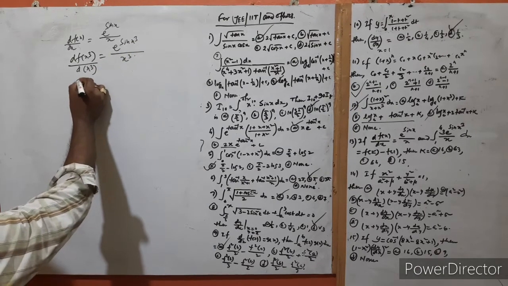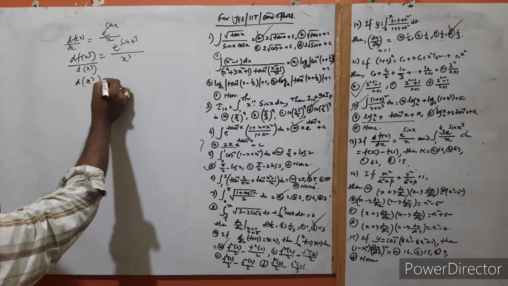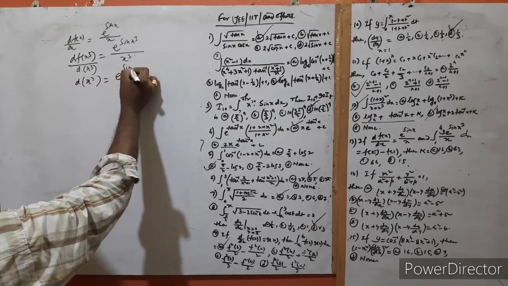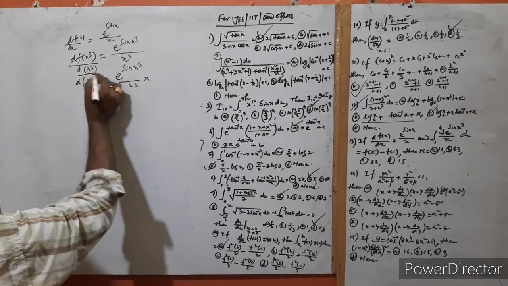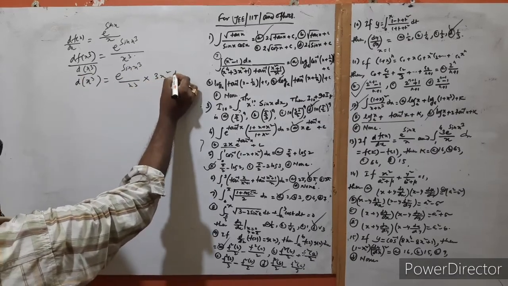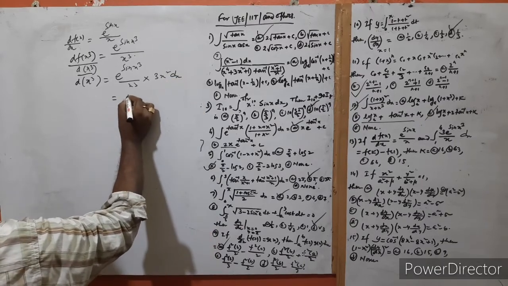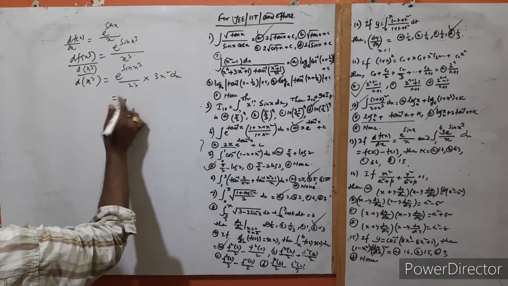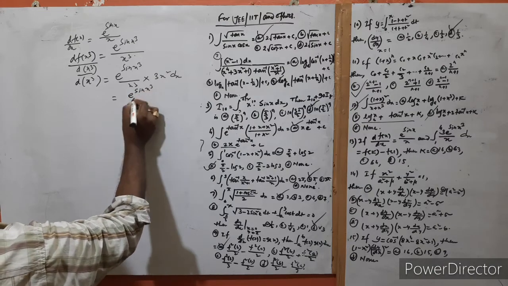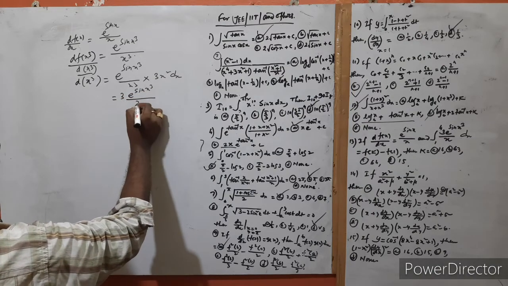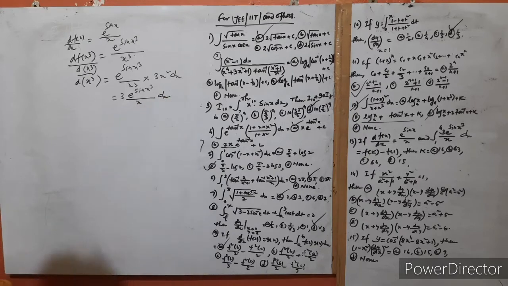The differentiation of x cube is 3x square dx, and it is here e to the power sin x cube, this is 3 by x and dx.